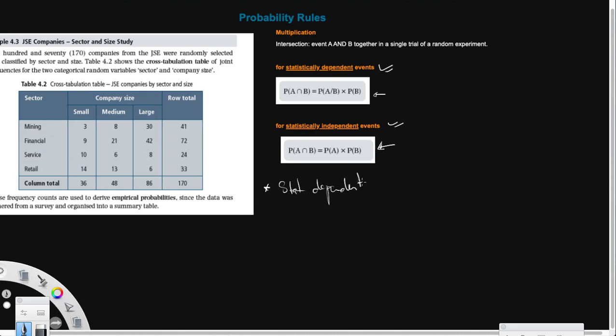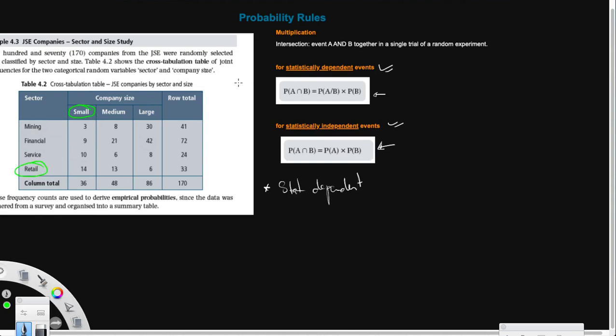So let's dive in first into the statistically dependent case. By statistically dependent we can look at a question such as: what is the probability of selecting a small retail company listed from the JSE sample? So we have small and we have retail.